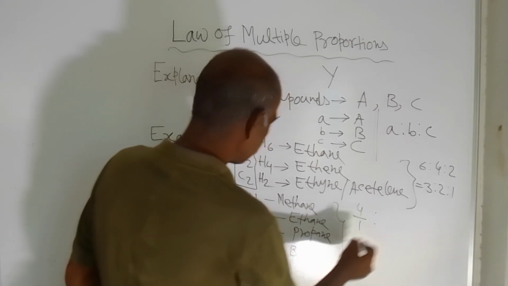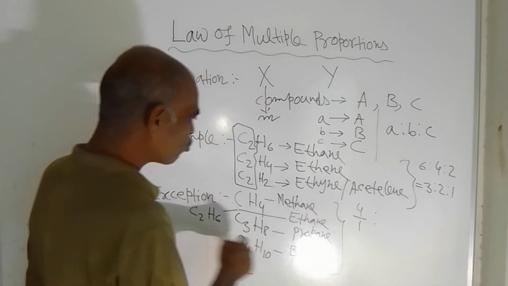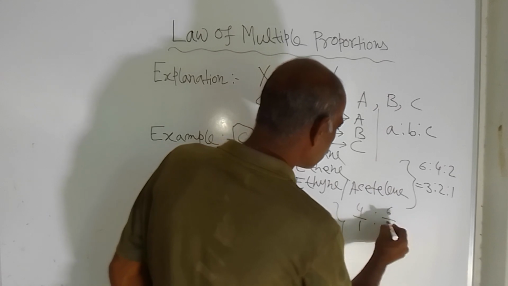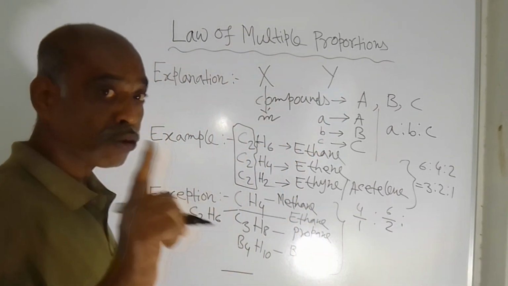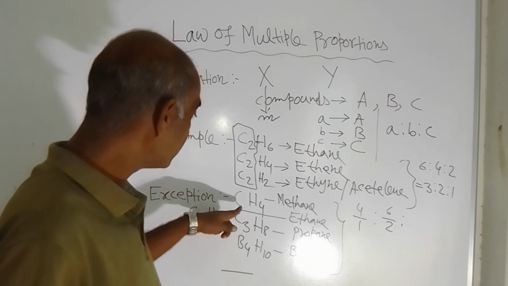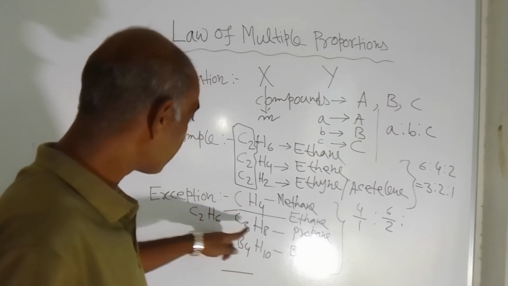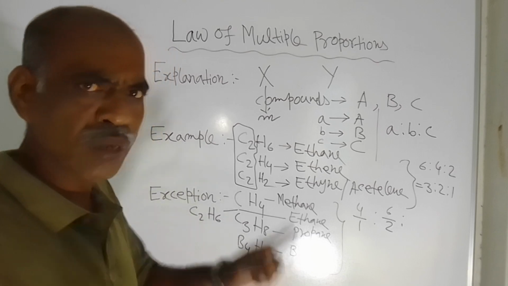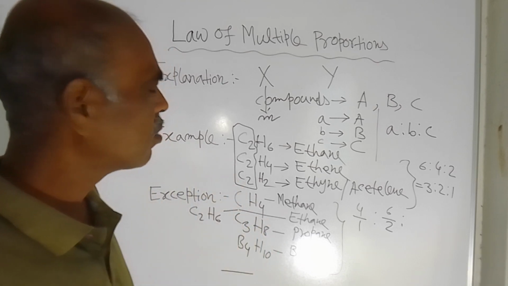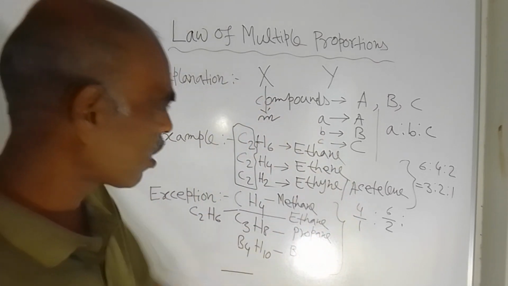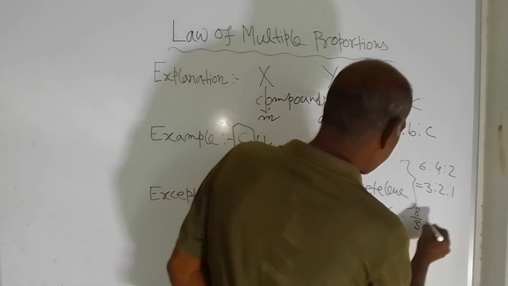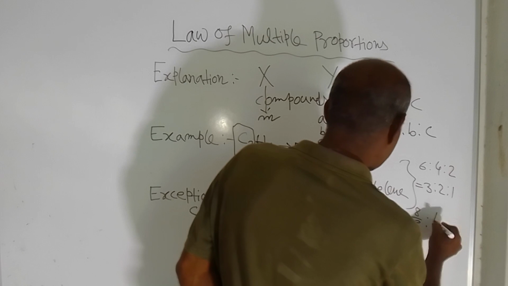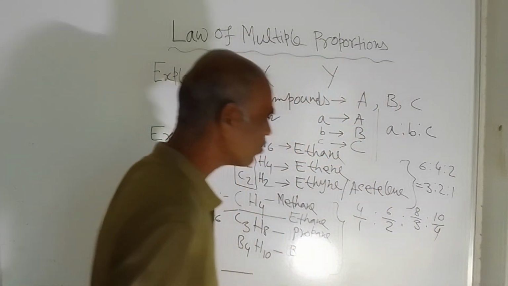Then here 2 is there, so you write here 6 by 2. Then here 3 is there, we are talking about only one carbon, that's why you are dividing by 1, here by 2, here by 3, and here by 4, because we are talking about only one carbon. We are taking a fixed mass of the carbon, okay? So here 8 by 3, and here what? The last one, 10 by 4.